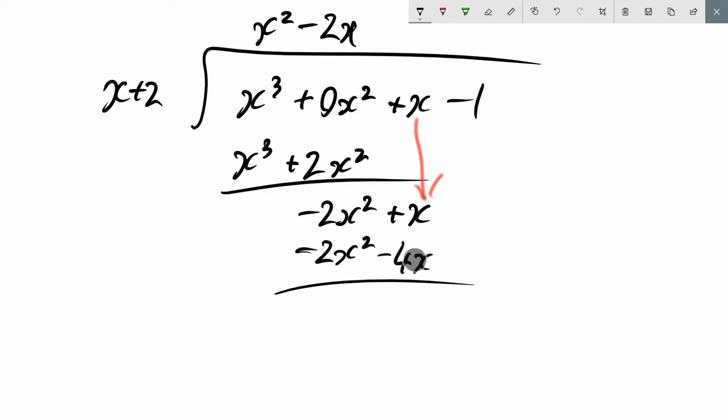Subtract, now a double negative here, so we're going to have 5x minus 1, and we add times by 5x plus 10. Subtract, minus 11, and that's our remainder.